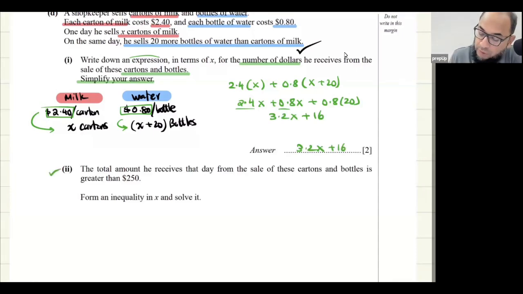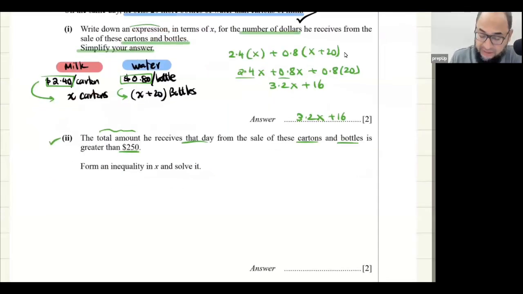Now it says the total amount he receives that day from the sale of these cartons and bottles is greater than 250, form an inequality. So we know the inequality thing. 3.2x plus 16 is greater than 250. 3.2x is greater than 250 minus 16, that is 234.